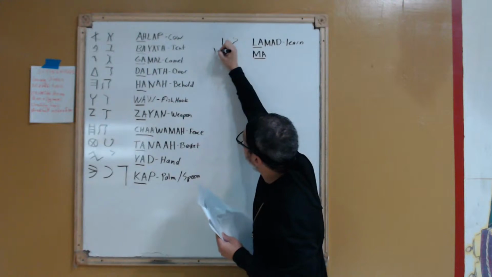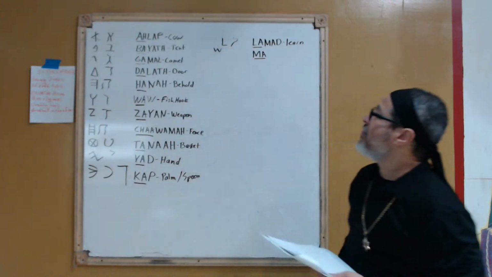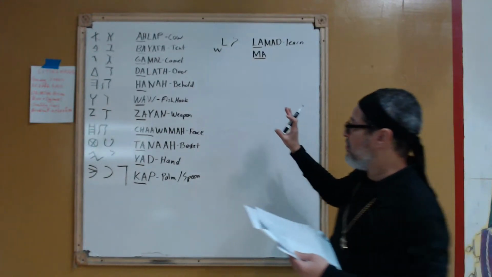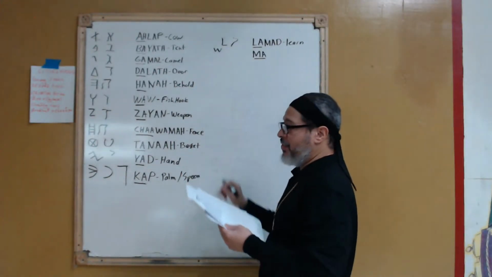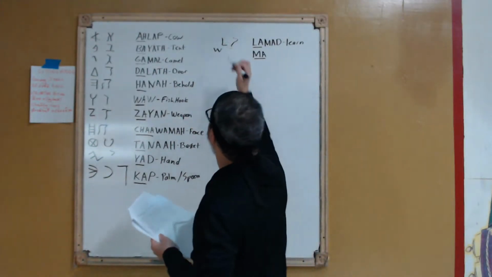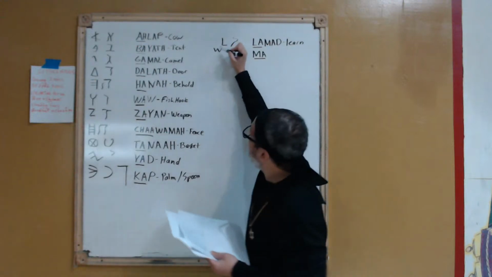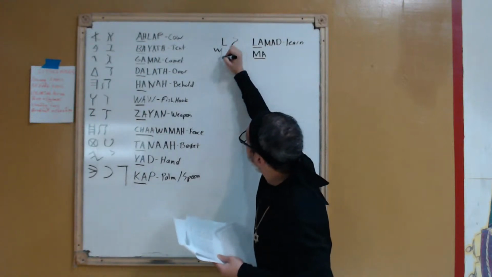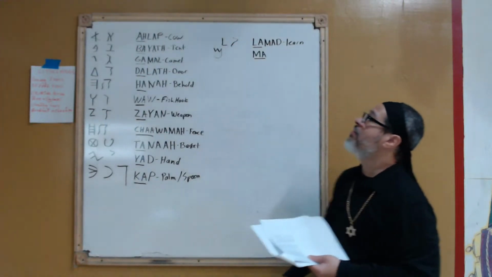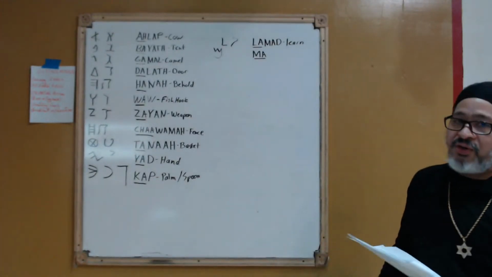So it's like 1, 2, 3, 4. So right now, it kind of looks like a W, but then you do a slant like a J underneath it. So it goes like this. So that's your ma.